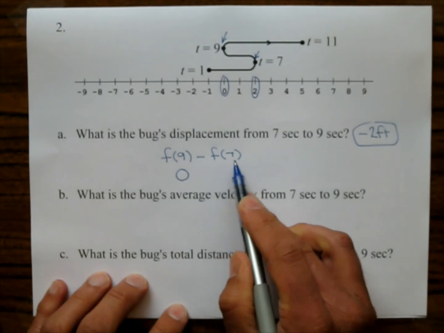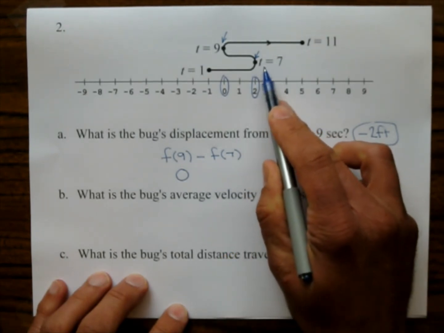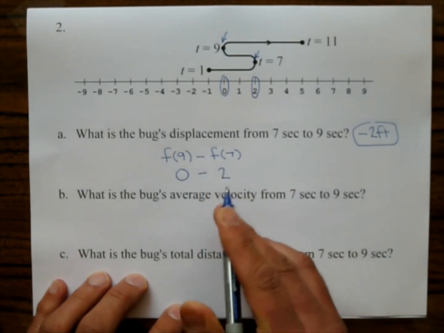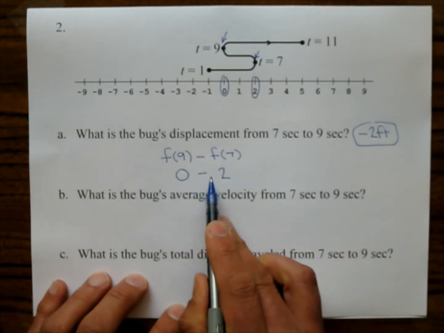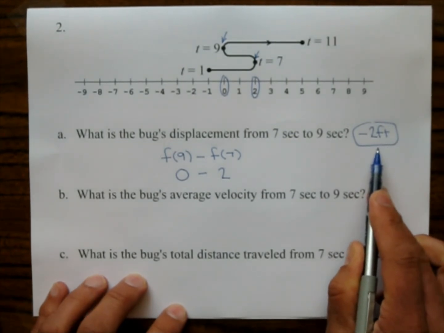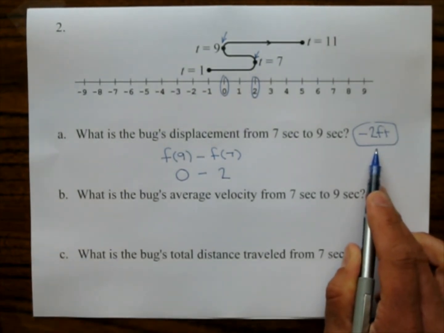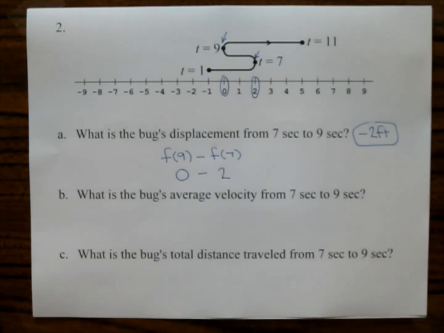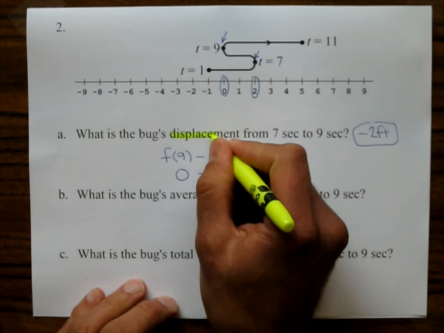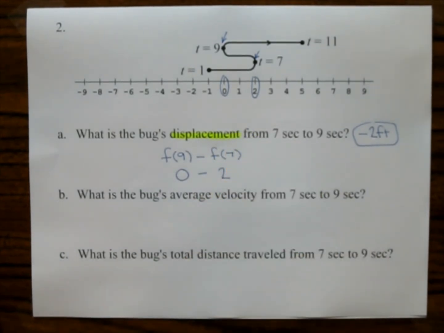And f of 7, it just says where is he at 7 seconds? He's at 2. And we go 0 minus 2, which gives you the -2 feet. Okay, so that is the bug's displacement. And I want you to just really get these words: displacement, average velocity, total distance traveled.